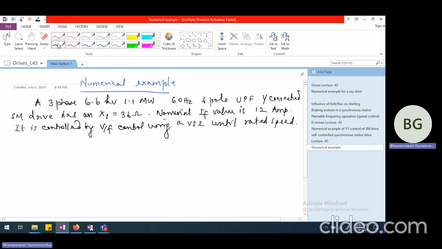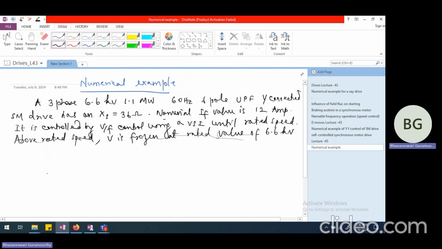Above rated speed, V is frozen at rated value of 6.6 kilovolts.